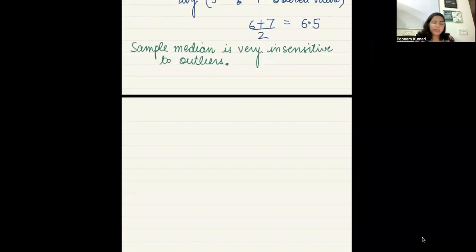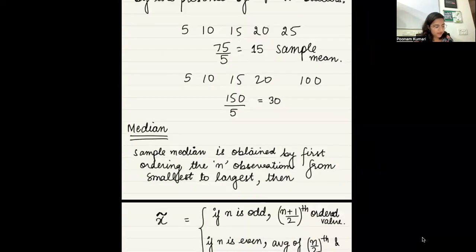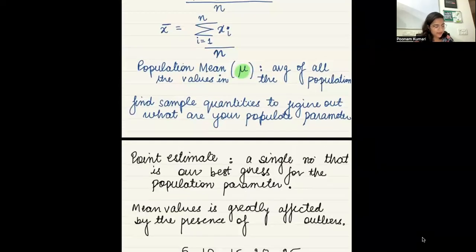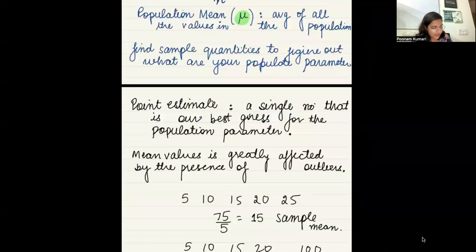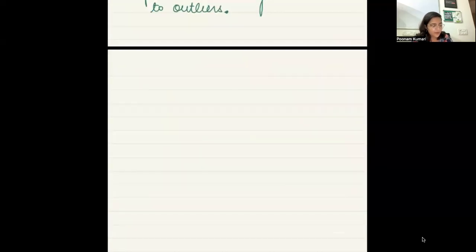So like I gave you this number, no? Population mean is represented by mu. If we have all the population data, if we put all the population data in ascending order, and try to figure out the median in the similar manner, we will get population median. And there is a very specific symbol for population median.